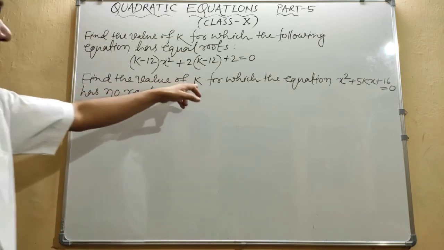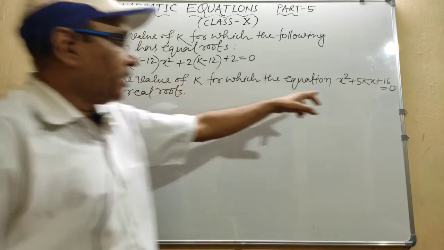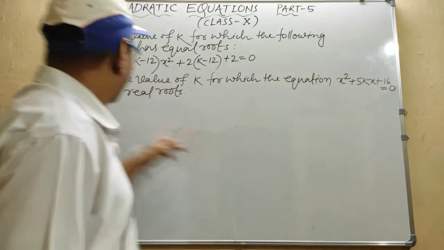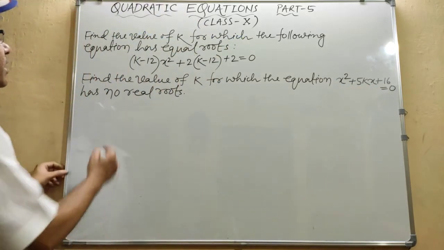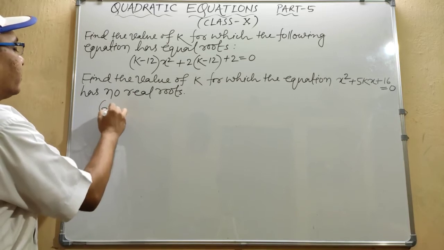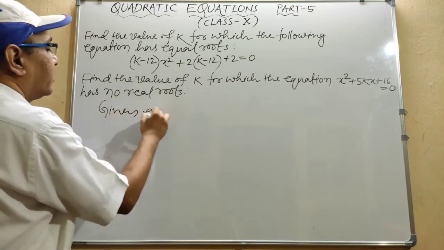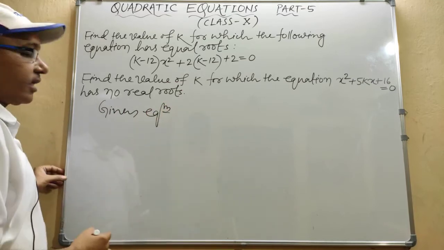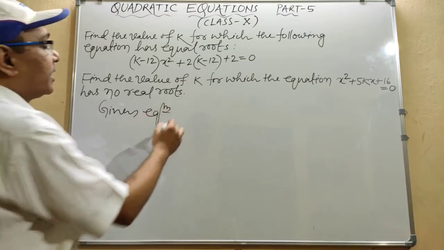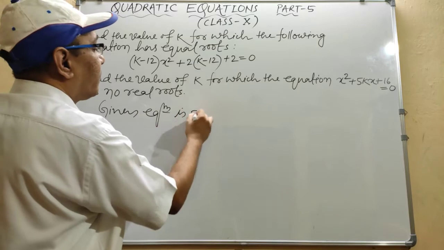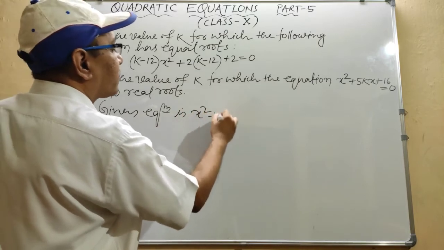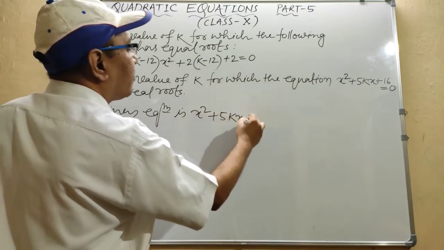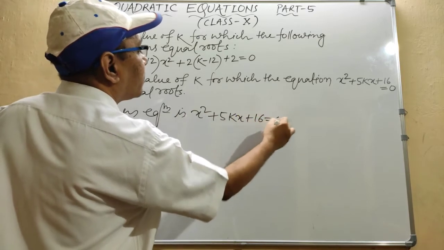Find the value of k for which the equation has no real roots. You will write simply given in this way EQ, and we write for equation. Given equation is x² plus 5kx plus 16 equal to 0.